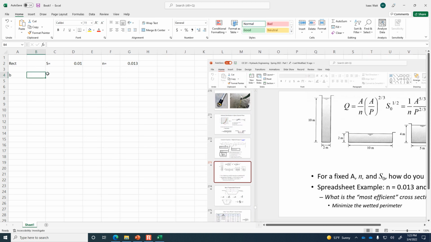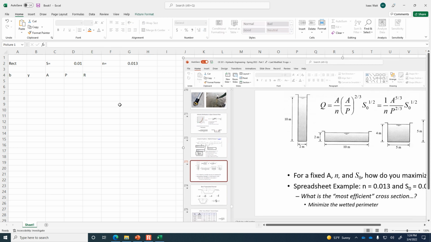We're going to play around with different flow depths, Y. We'll calculate the area from that, the wetted perimeter from that, the hydraulic radius, and then we'll calculate the flow rate. I guess we don't even need the hydraulic radius if we're going to just use this version of Manning's equation. I'll just omit that entirely. Q.